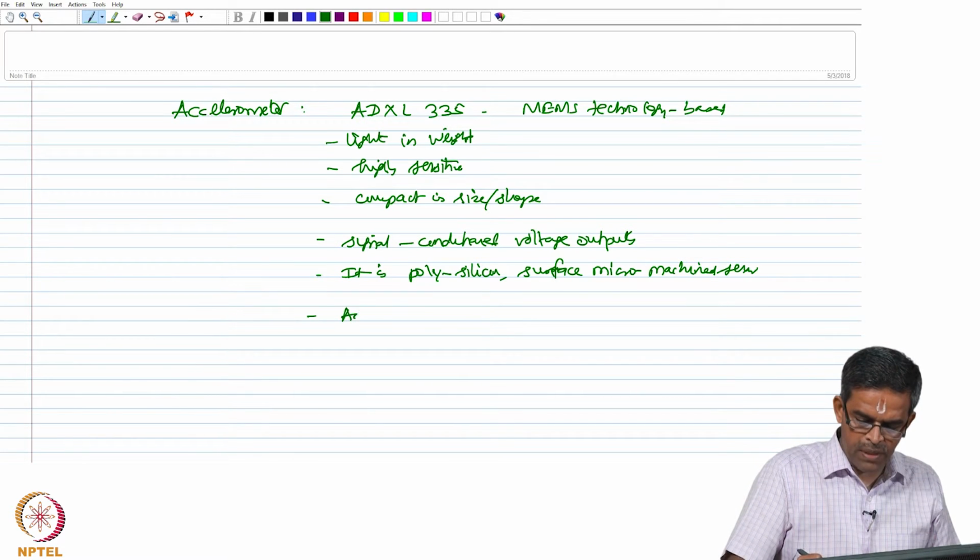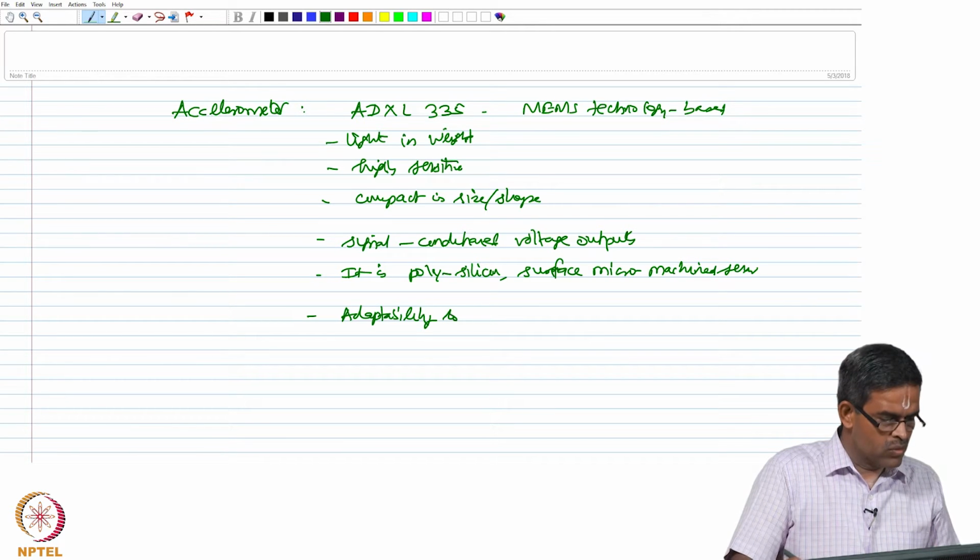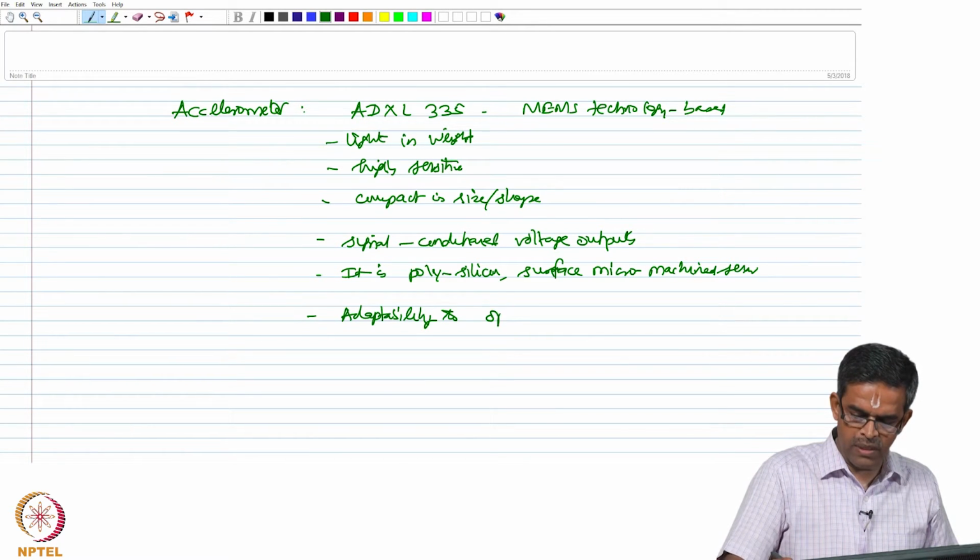This has adaptability to open loop acceleration measurement architecture.